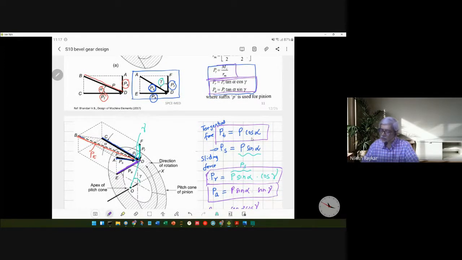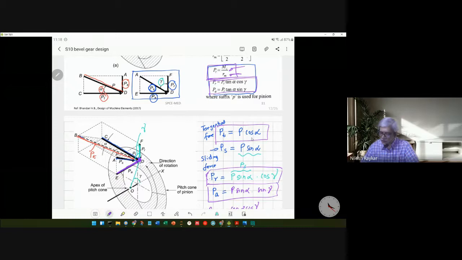The tangential force is determined by our regular torque divided by mean radius of the bevel gear tooth. As we know that pitch circle radius varies from the large end to the small end, for the purpose we are considering all the forces to be concentrated at the midpoint of the tooth, which is having the radius given by Rm.